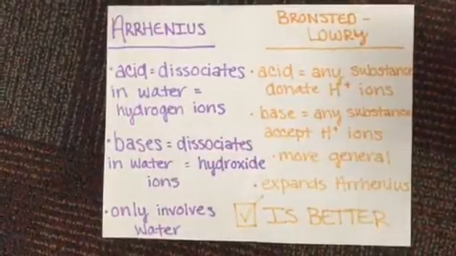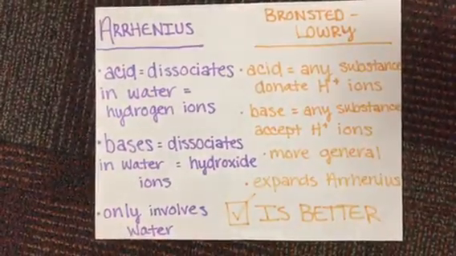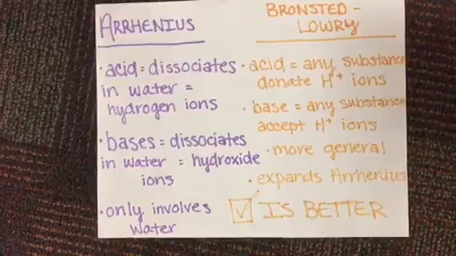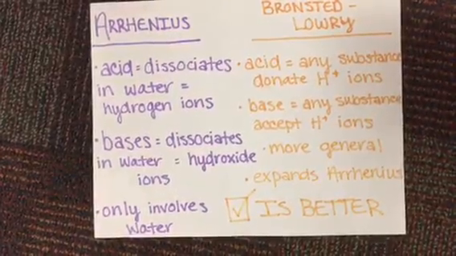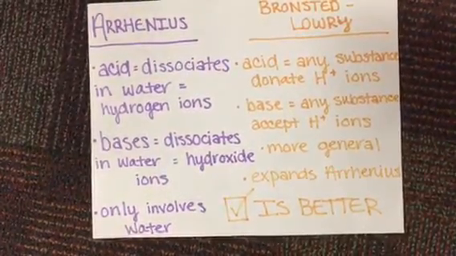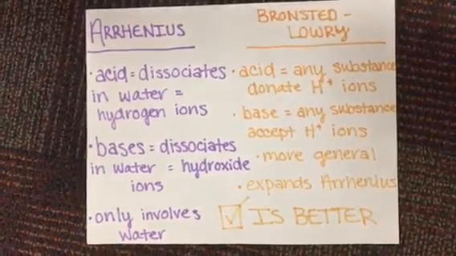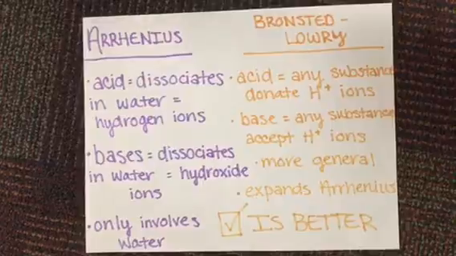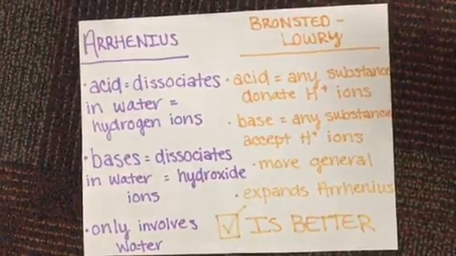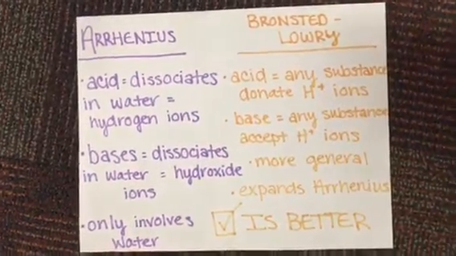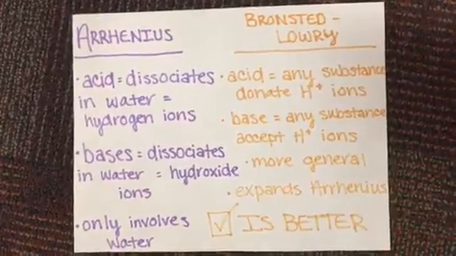The Arrhenius theory is that acids dissociate in water with hydrogen ions, and bases dissociate in water with hydroxide ions. And the Arrhenius theory is specified to water. It doesn't really deal with anything else.